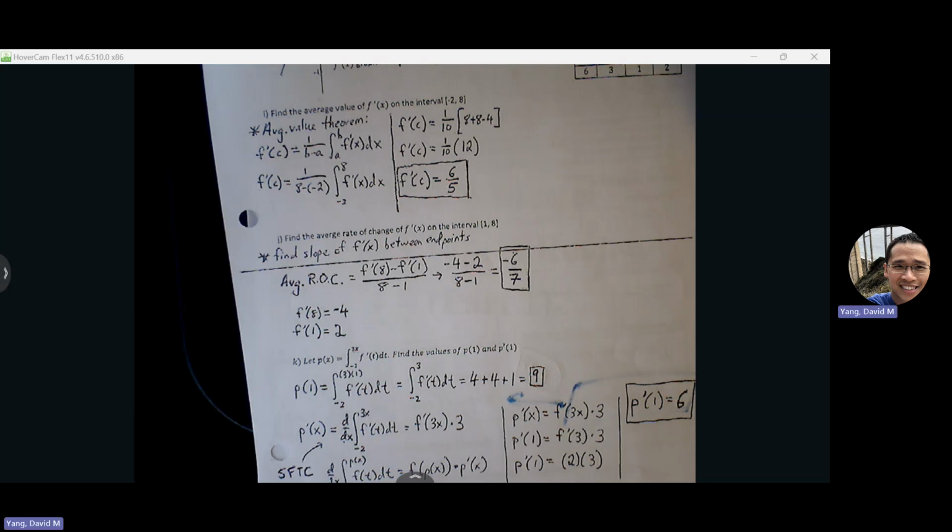But if they refer to something as Rolle's theorem, you need to recognize it's mean value theorem looking for slope 0 between the two endpoints. Essentially the reasoning is the same: same conditions, same formula.